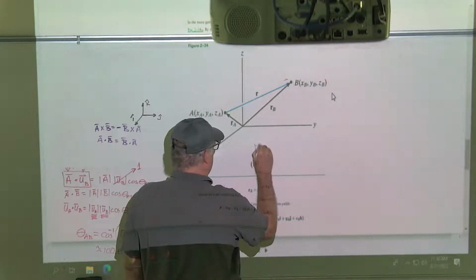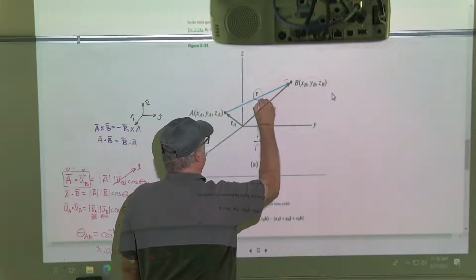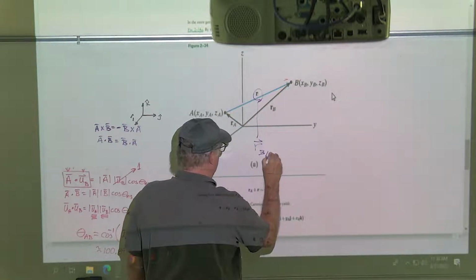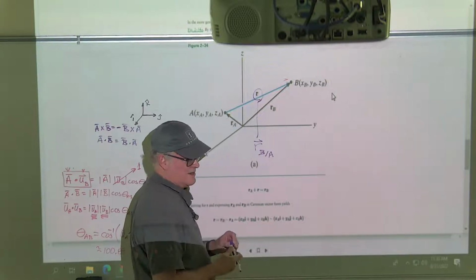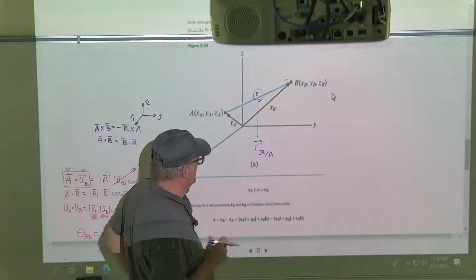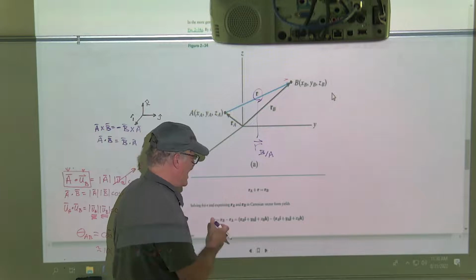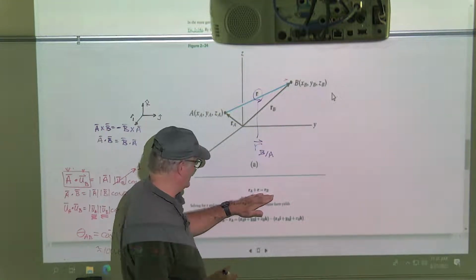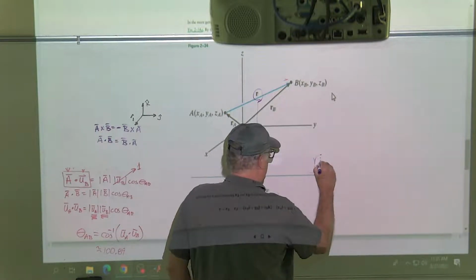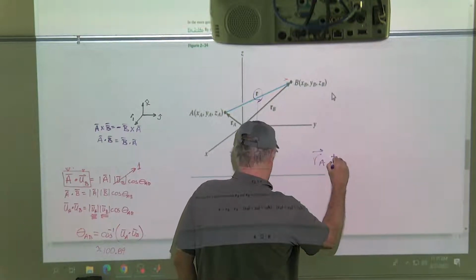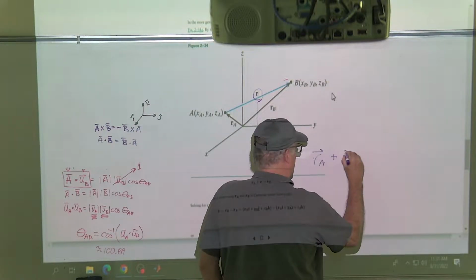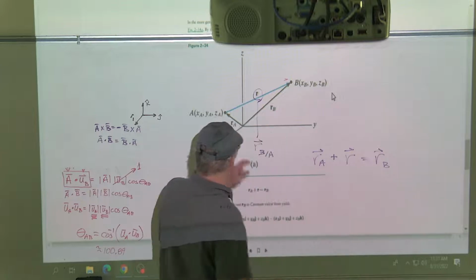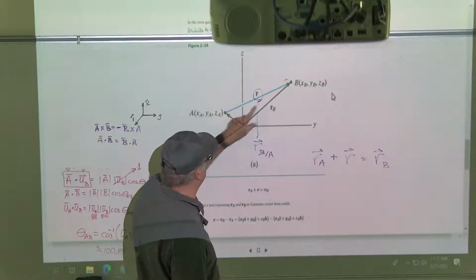In dynamics, he has a different term for this one, and that is the vector that points to point B that originates from A. This is a notation that you don't have to have yet, but this equation is kind of tiny, so let me write it bigger. RA plus R equals RB.